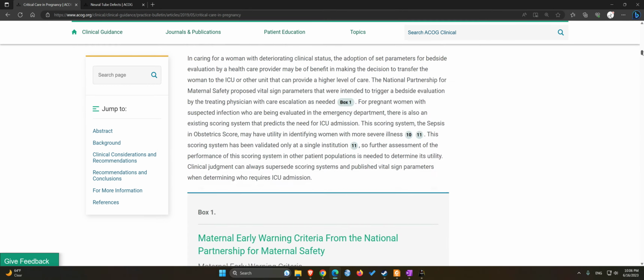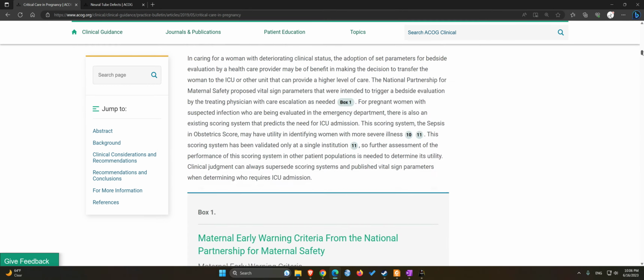PaO2 normal 93, first trimester 105, third trimester 106. PaCO2 normal 37, first trimester 28 to 29, third trimester about the same, 26 to 30, so much lower.